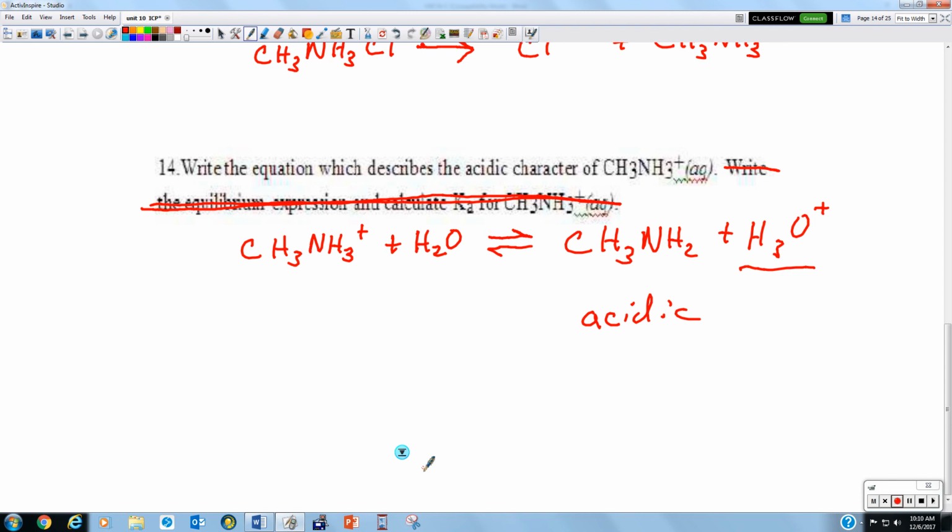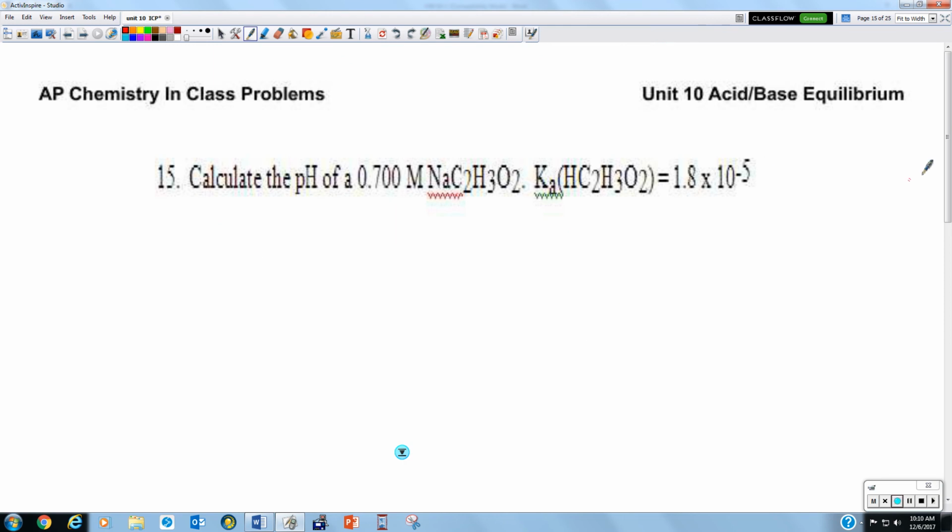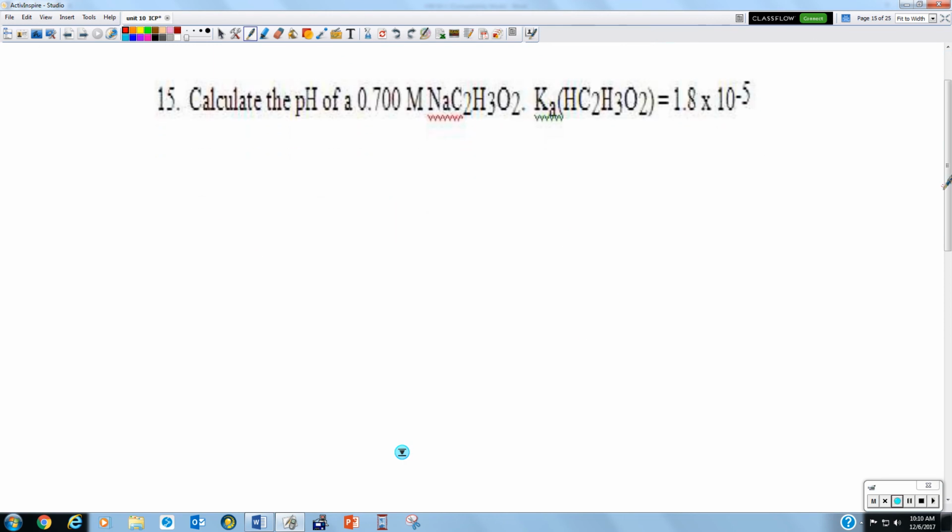All right. Now, number 15 is where we're really looking at one of the problems. This one we're going to need a RICE table and all of that. So we are looking at this compound right here, NaC2H3O2, which is our salt.